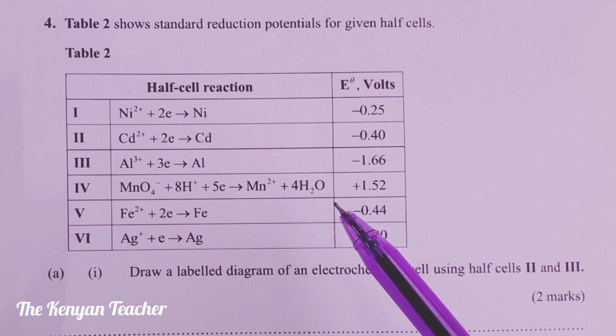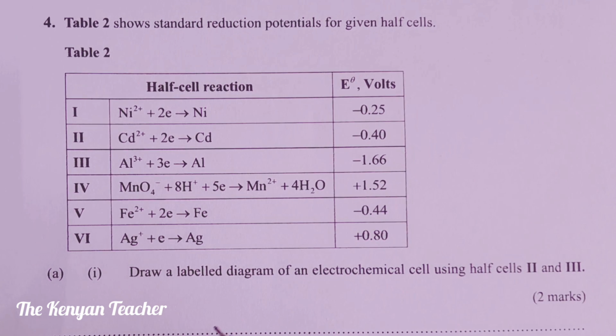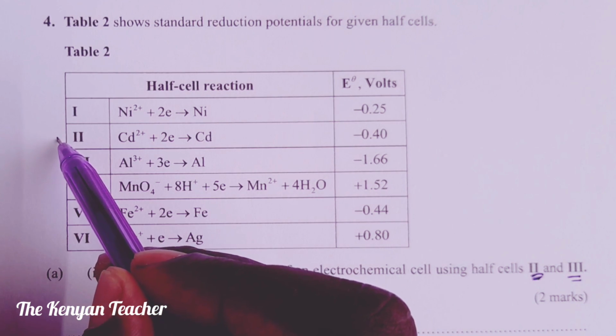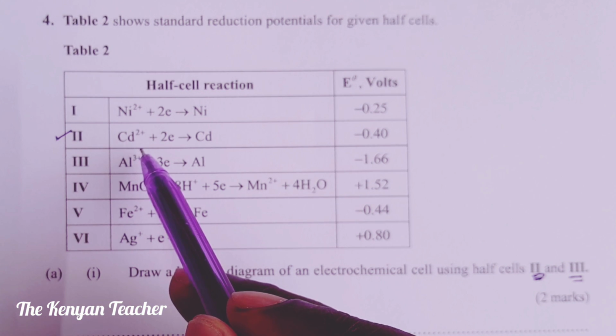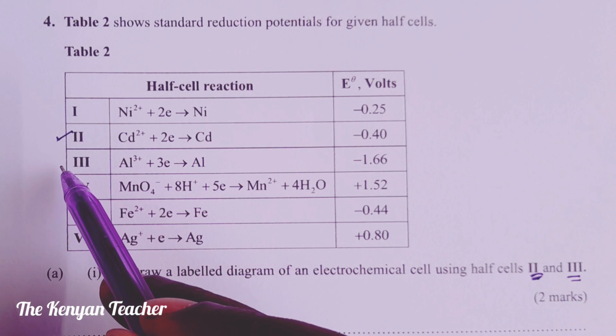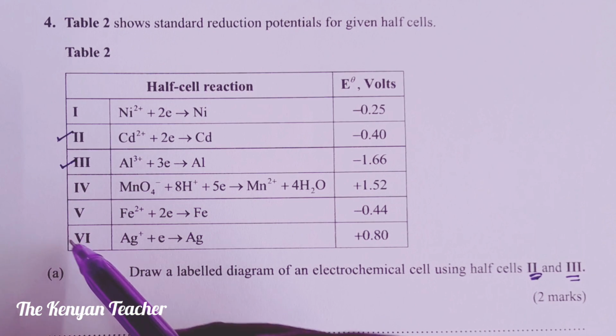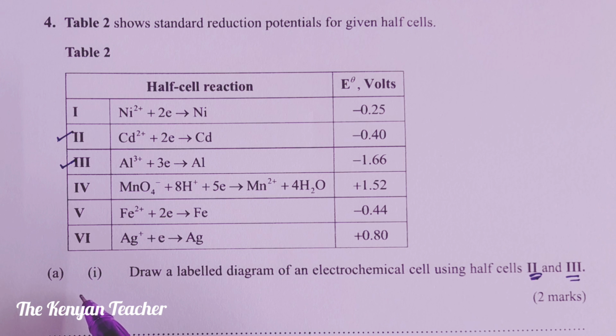Part A demanded the candidate to draw a labelled diagram for an electrochemical cell using half cells 2 and 3. I want you to take note of our half cells. We have half cell 2 that involves reduction of cadmium ions to cadmium. And we have half cell number 3 where aluminum ions are being reduced to aluminum.